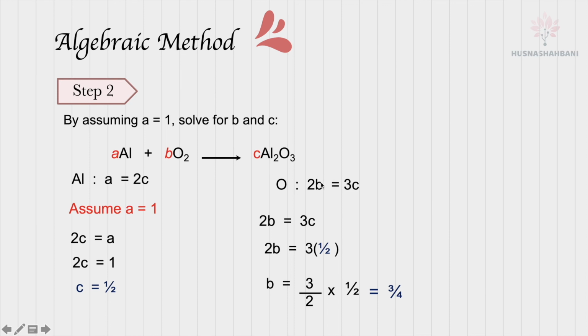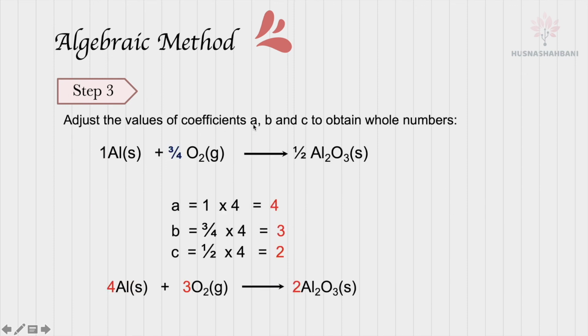Or 2B equal 3C. This is for oxygen, 2B equal 3C. We have the value of C, half, so 3C, and then you can solve the value of B. So this is the value of B, 3/4.